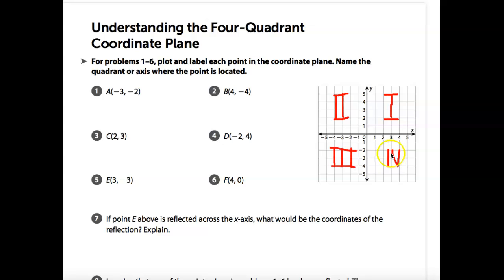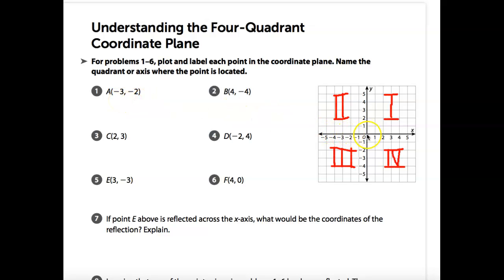All right, so now let's take a look at our questions. For problems 1 to 6, plot and label each point in the coordinate plane. Name the quadrant or axis where the point is located. All right, I'm going to change colors here so that I can mark these and you can tell where they are. -3, -2.